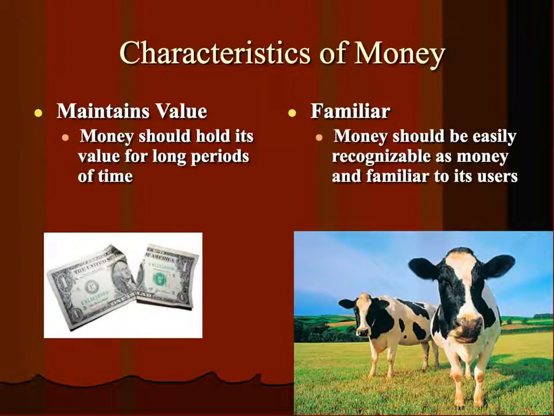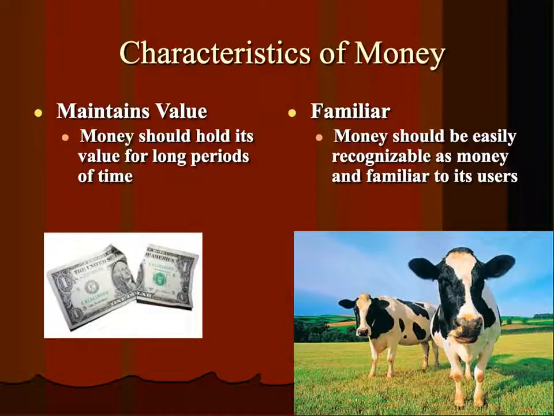Has to maintain its value. Money should hold its value for long periods of time. So again, a dollar bill, yeah, 100 years ago it bought a lot more, and today it doesn't buy a whole lot, but it still maintains its value. Cows over time can get sick, they can die. It's not going to maintain its value for very long. It has to be familiar.